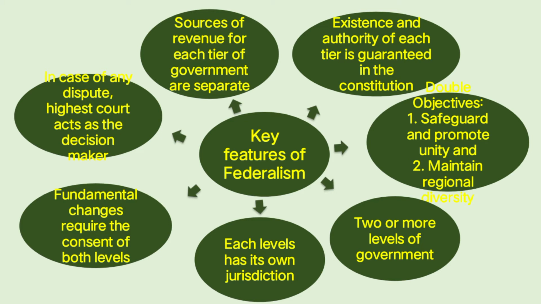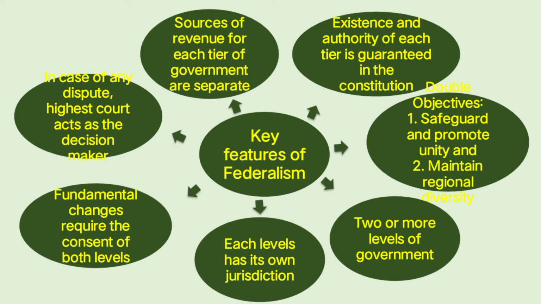Sources of revenue for each tier of the government are separate. From where they are going to get the money is separate. The existence and authority of each tier is guaranteed by the constitution. In case of any dispute between the state and the central authorities, the highest resolution body is the court.